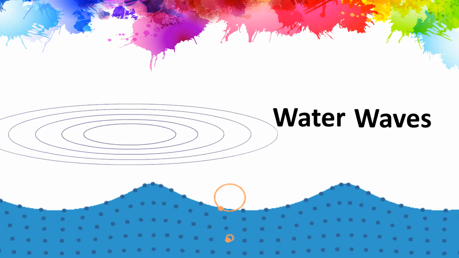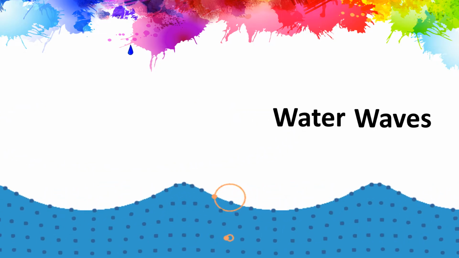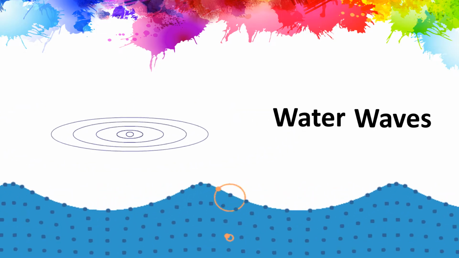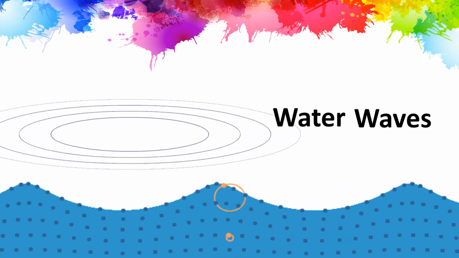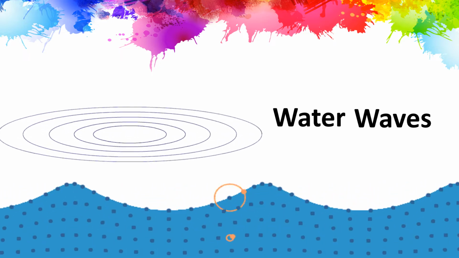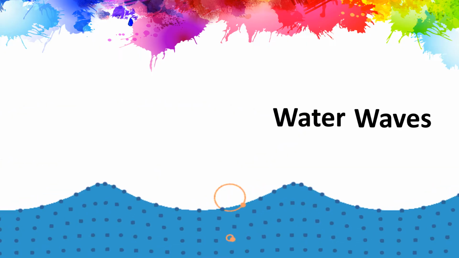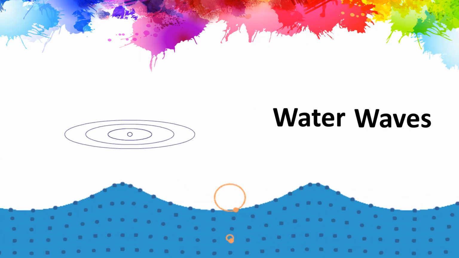So that means it is not moving when the water wave moves from the left side to the right side. The particles are only moving in a particular area, not moving from left hand side to right hand side.